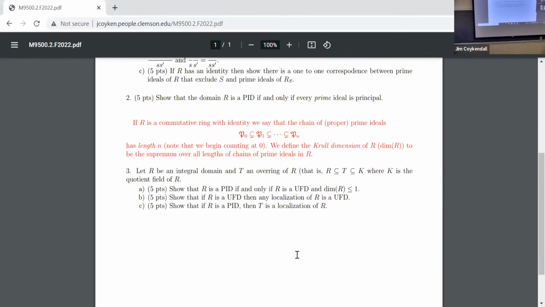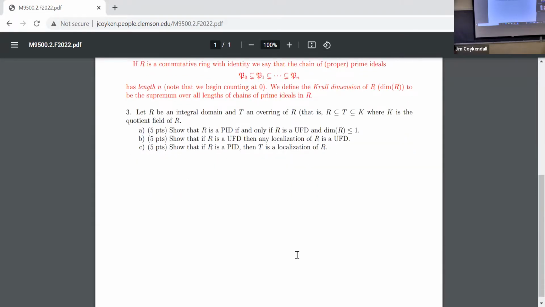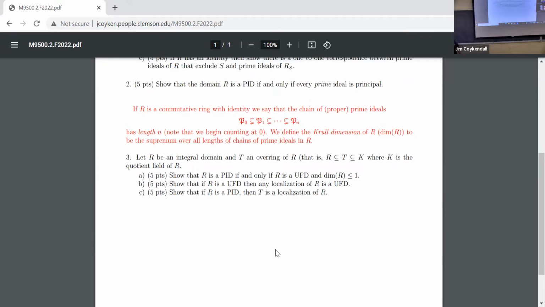Now, let me introduce this terminology here. If R is a commutative ring with identity, we say the chain of proper prime ideals P0 inside P1, all the way up to Pn, has length n. Notice we start counting at 0.